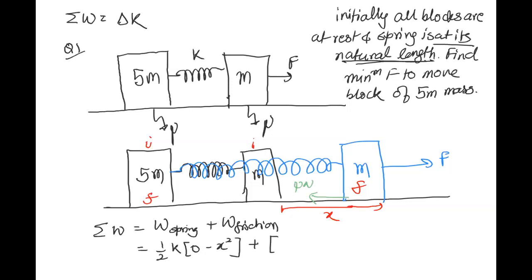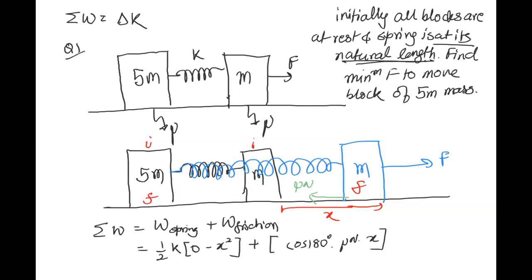You have to be careful on all these accounts. Number one, what will be the magnitude of friction? Number two, what will be the direction of friction? Number three, what will be the value of N? So here I will write cosine 180 into mu N into x.